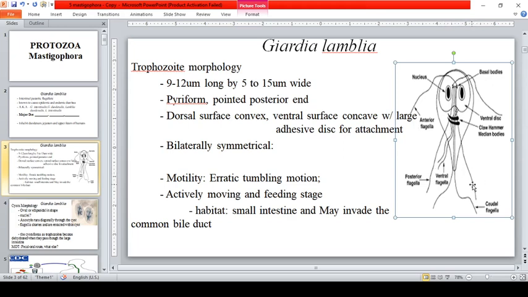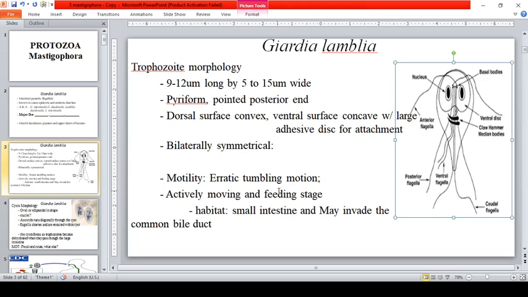Another is the caudal flagella, one pair, so that is already 6. And the other pair is the ventral flagella. Anterior, posterior, caudal, ventral: a total of 8 flagella, or 4 pairs of flagella.